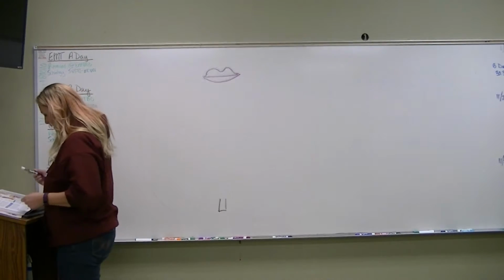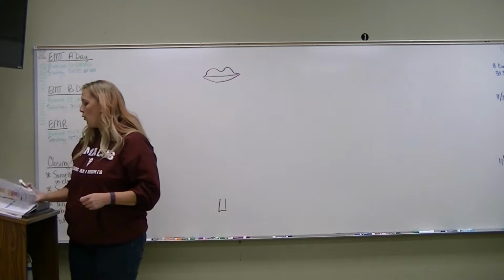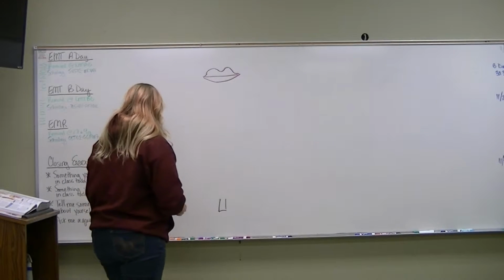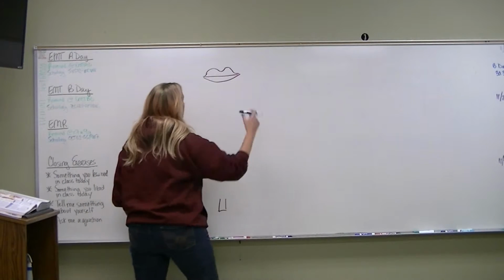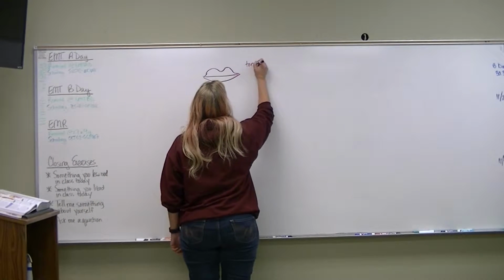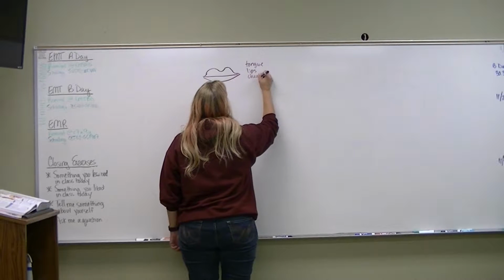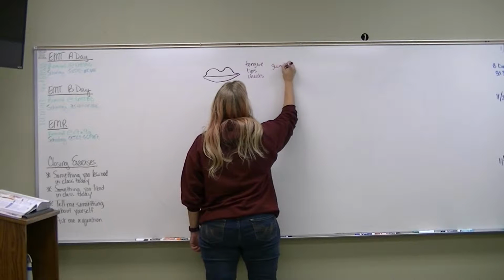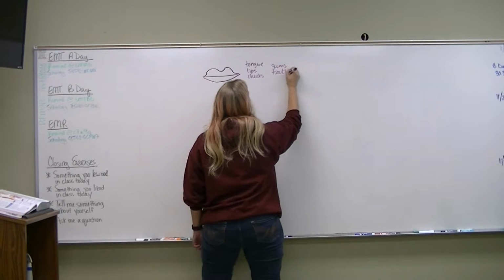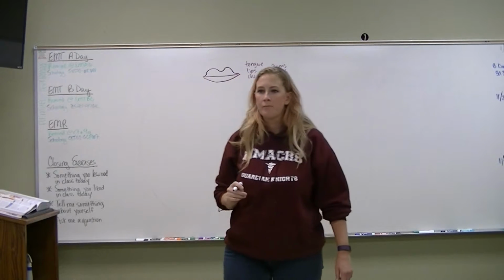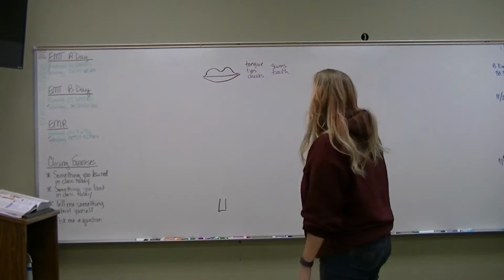Okay? All right, so what lives in our mouth? Tongue, we have a tongue. What else? Lips, cheeks, gums, teeth. What else? Mucous membranes line them. Okay, we have mucous membranes.